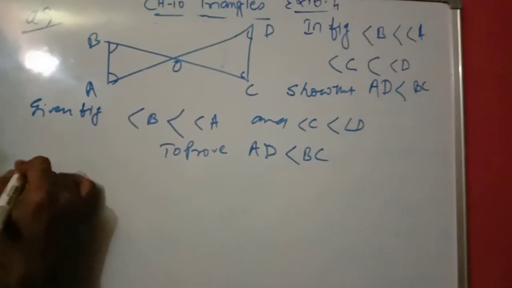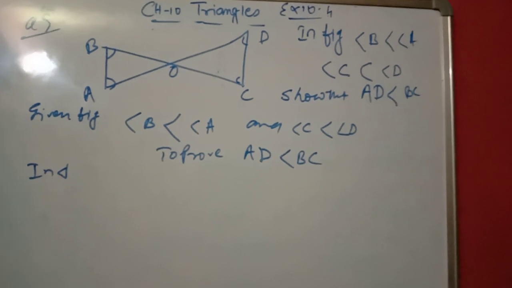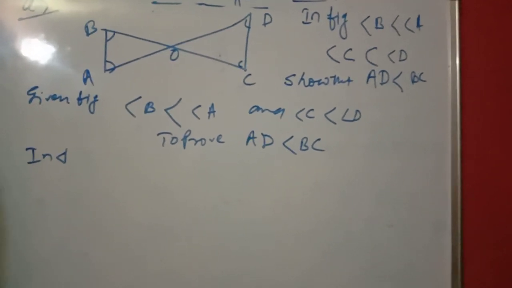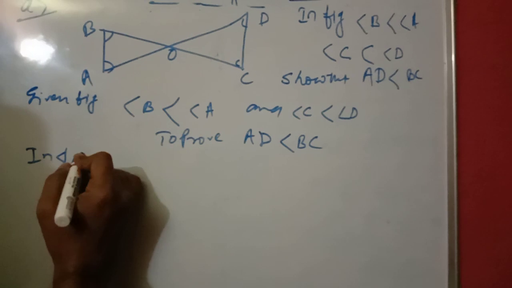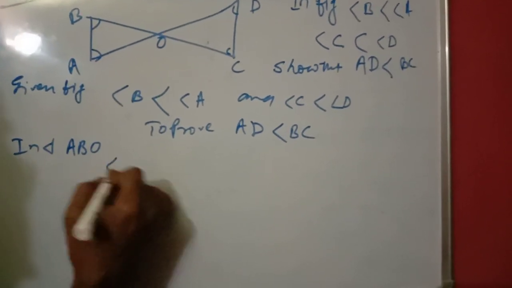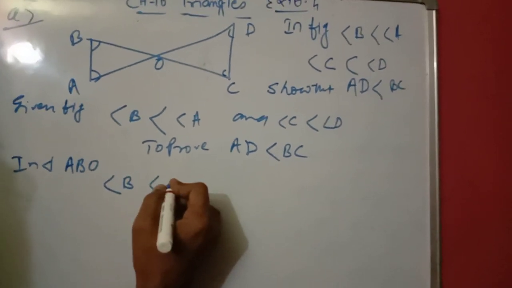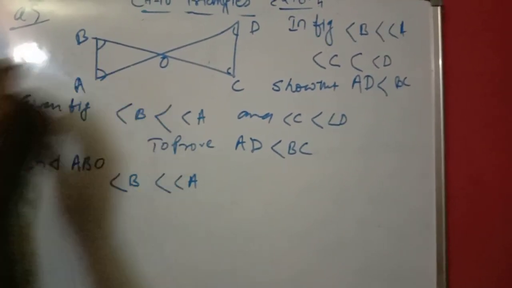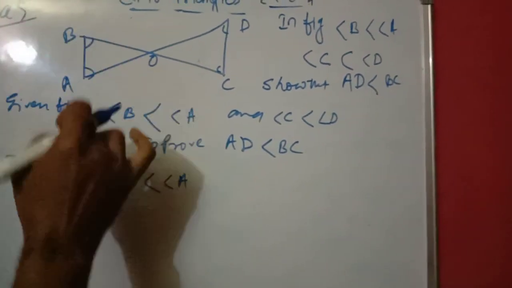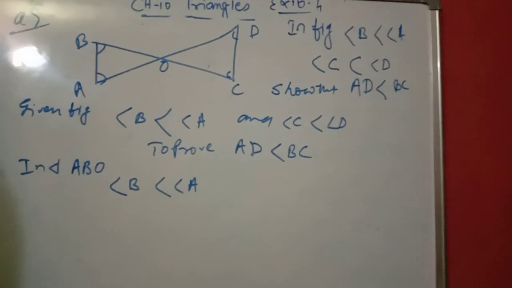In triangle ABO, it is given that angle B is less than angle A. The side opposite of angle B is AO.